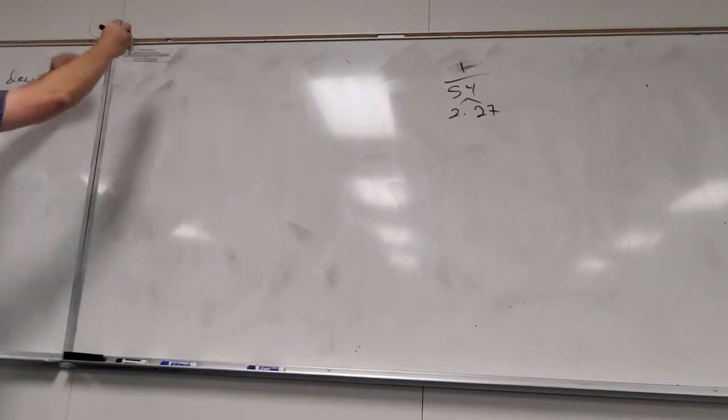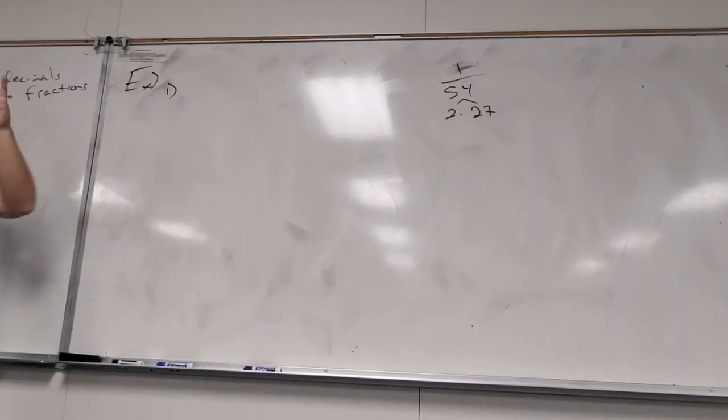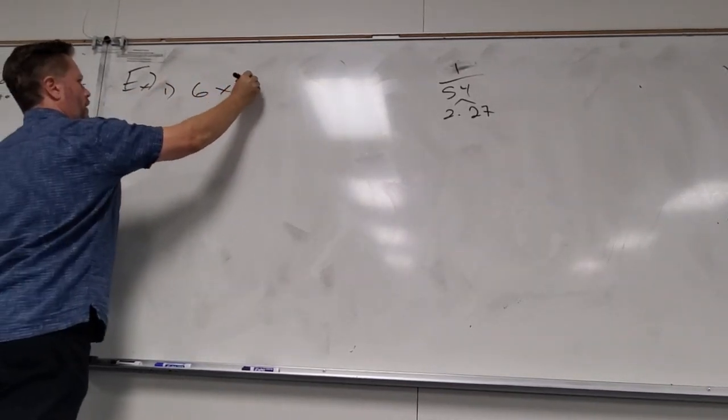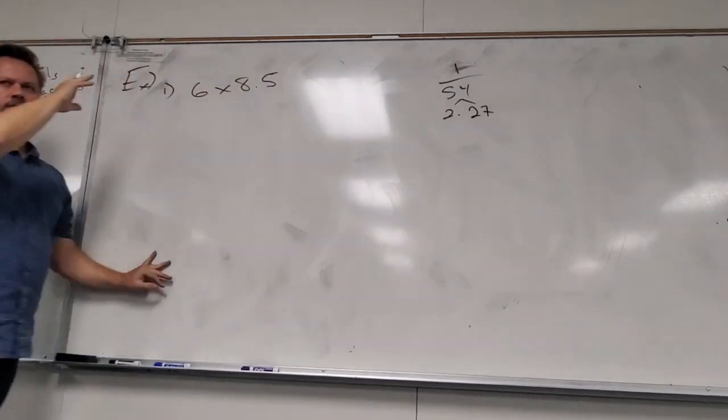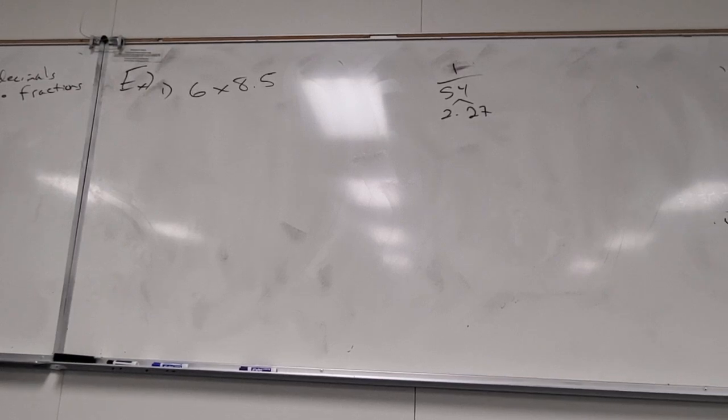Going back to what we've done in the past about mental math, can you guys come up with a couple of ways to do this in your head? I don't want you to write 8.5 times 6 and then start doing the algorithm. I want you to be able to do this in your head.